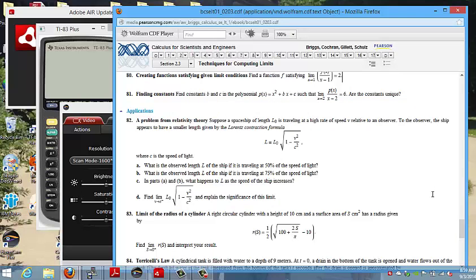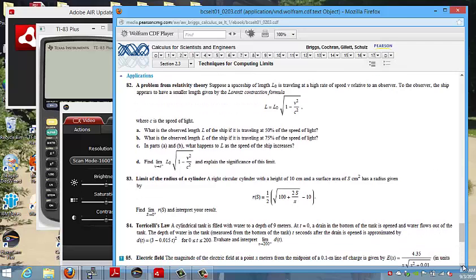82. A problem from relativity theory. The theory of relativity. Who did that one? All right. Well, this is the Lorentz contraction formula.